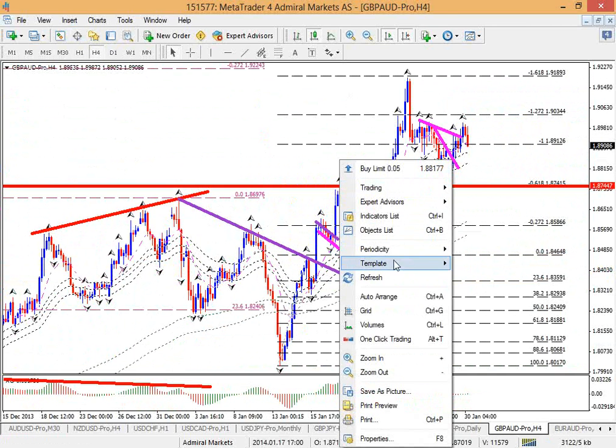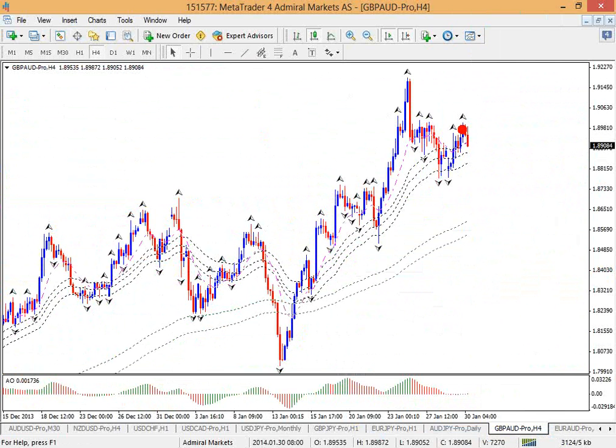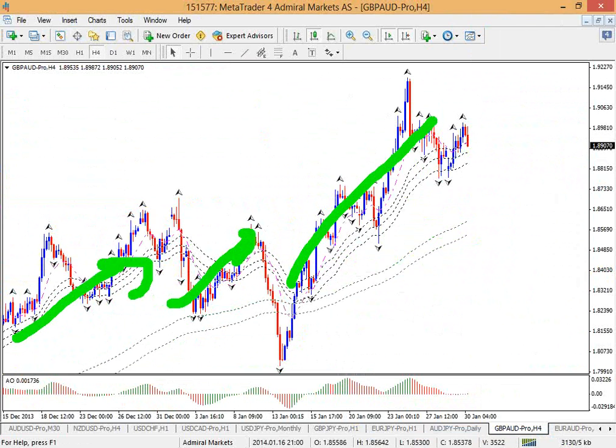Look at this pound AUD, okay? Take a look at this. Where is price? It's still above the black band. The black band is still pointed up. The green band is below the black band and pointed up. In most cases when that happens, the trend is up.